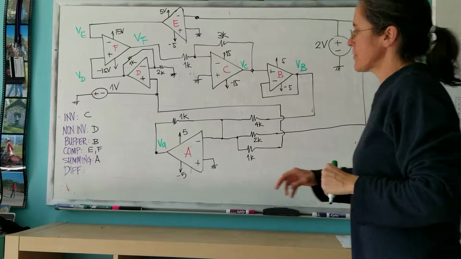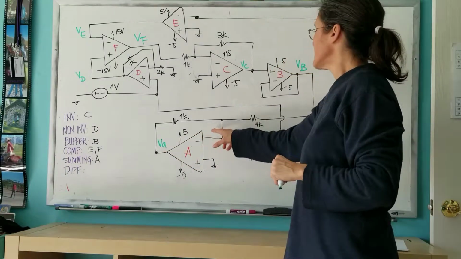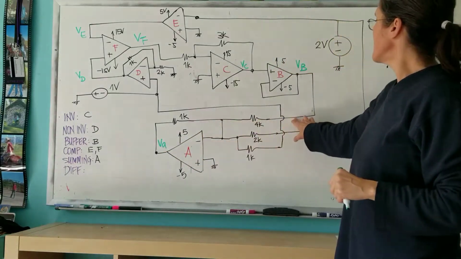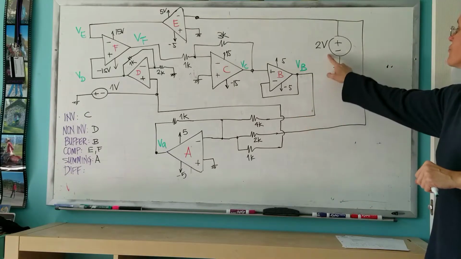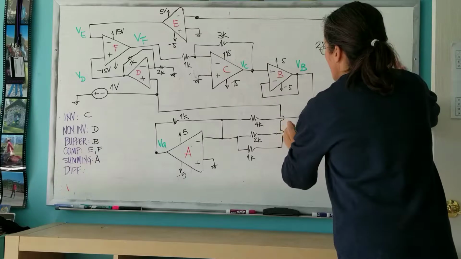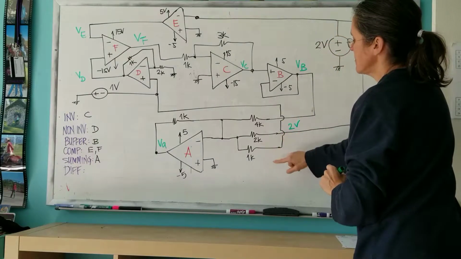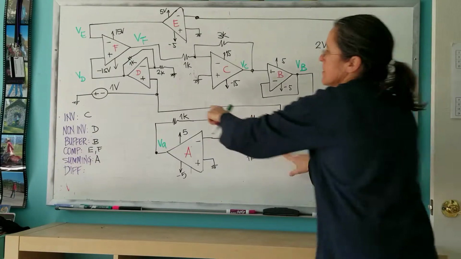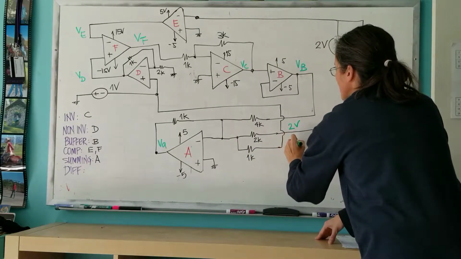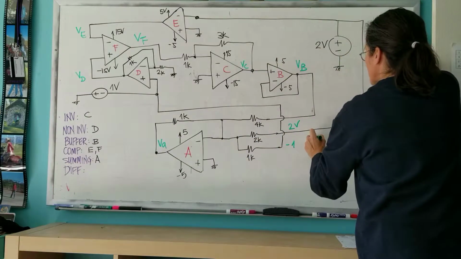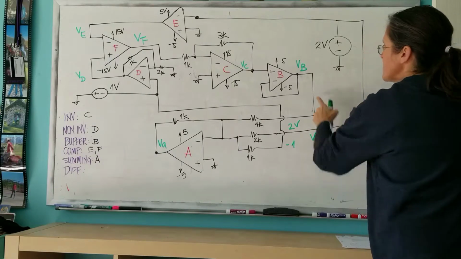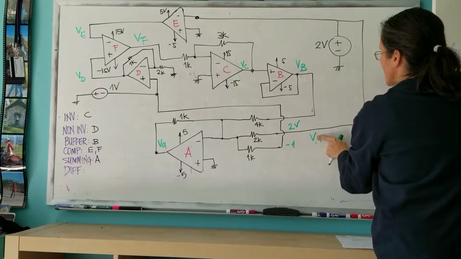But if I start by trying to find VA, I realize that this is a function of VB, 2 volts, which is here, and then whatever is connected to here, which is minus 1 volt. So actually, I can even write what VA will be.